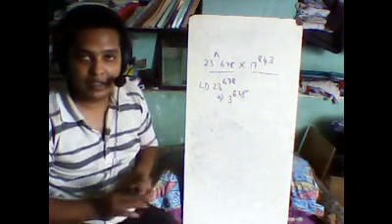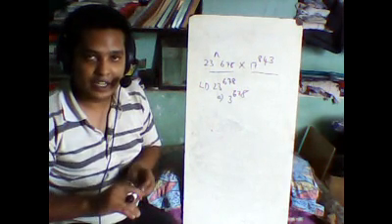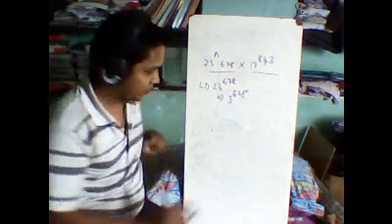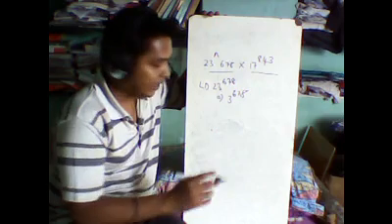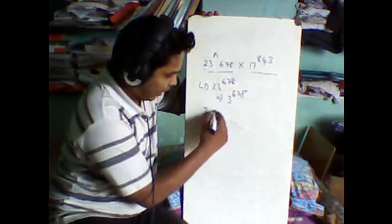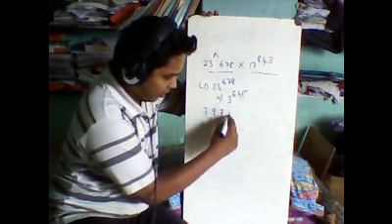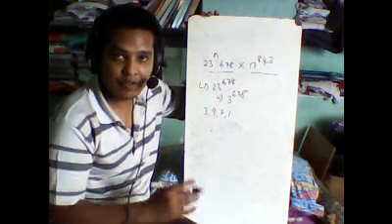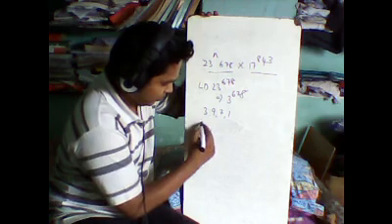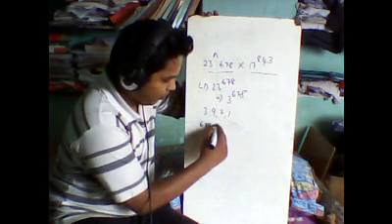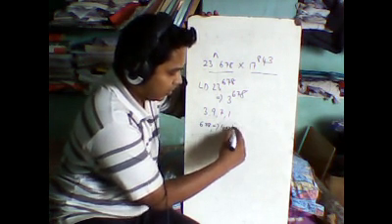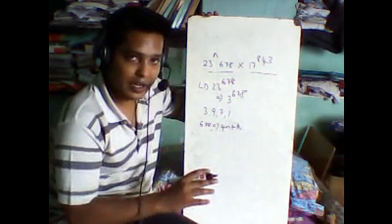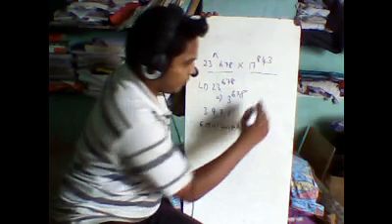How do we find the last digit of 3 to the power of 678? First, let us recall the power cycle of 3. The power cycle of 3 is 3, 9, 7, 1. Now, let us express 678 in the form 4n plus k. We do it by dividing 678 by 4.